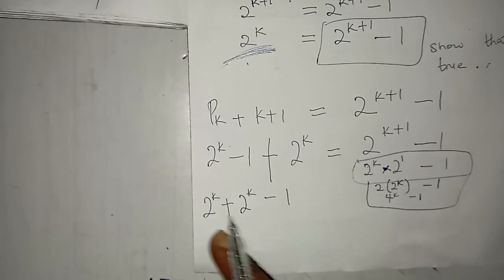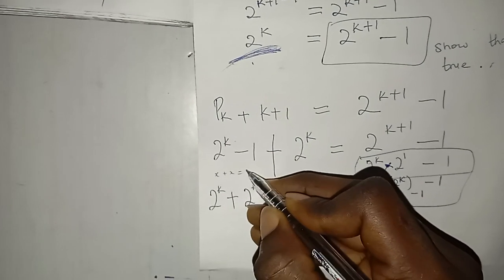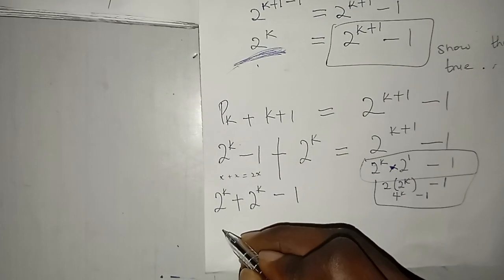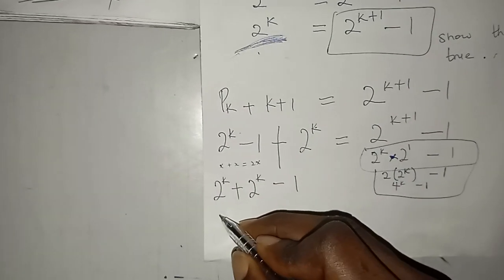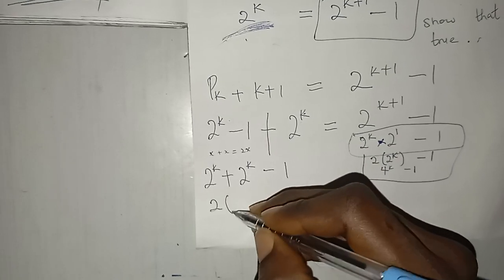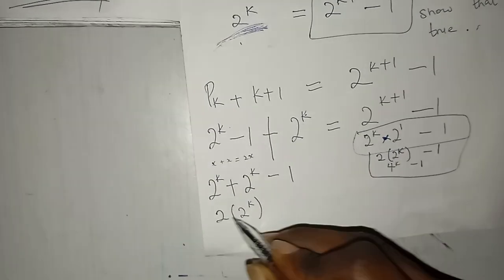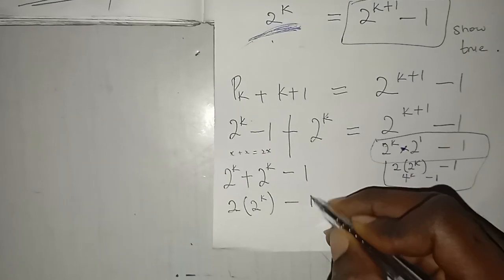So notice that right here, if I have x plus x, it is the same thing as saying 2x. So this is going to be the same thing as saying, since I have 2 raised to power k and 2 raised to power k, this is the same thing as saying 2 into 2 raised to power k, that is 2 raised to power k in 2 places, minus 1.